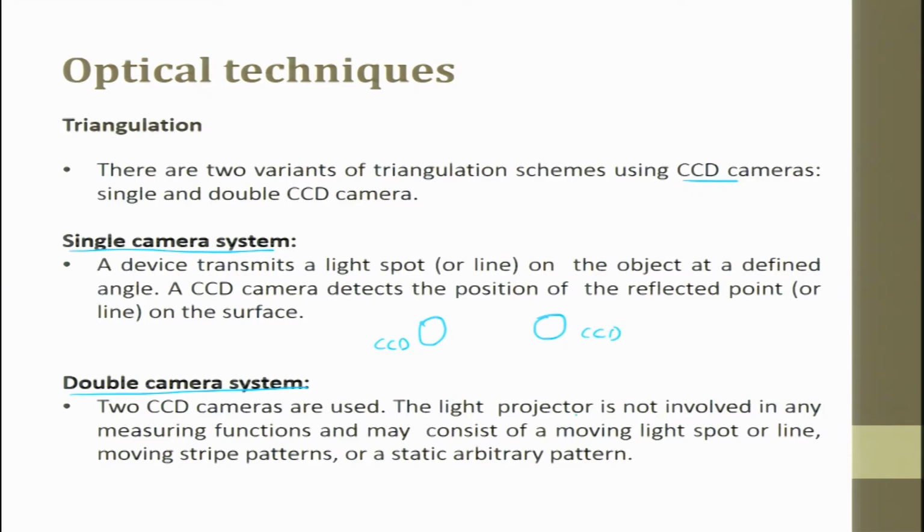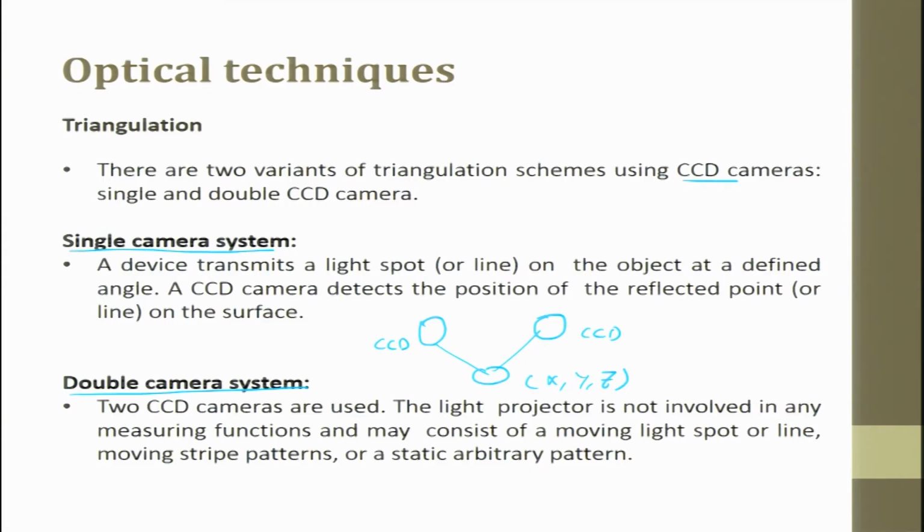The light projector is not involved in any measurement function and may consist of a moving light spot or line, a moving strip pattern, or a static arbitrary pattern. So, with this we can try to find out the distance, and we can also get the x, y, z points. So, a double camera or a single camera can be used.